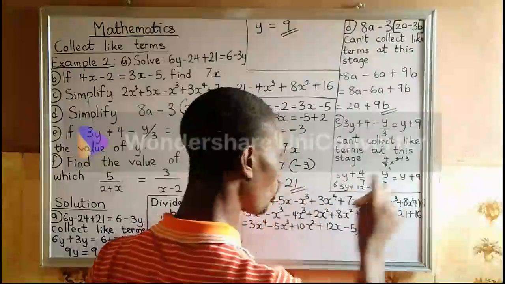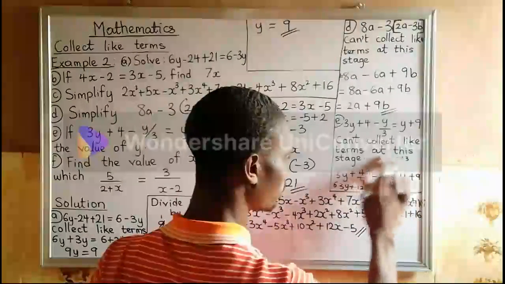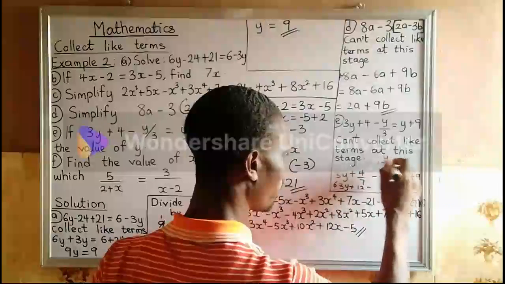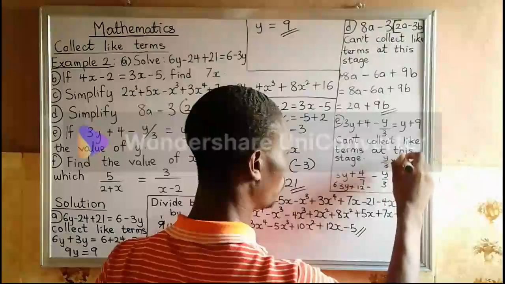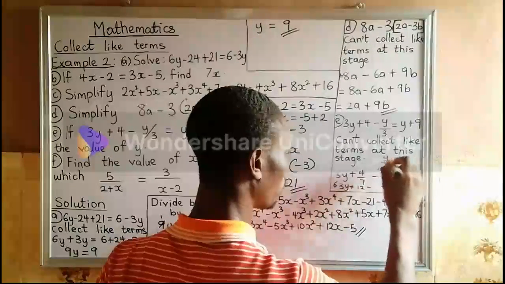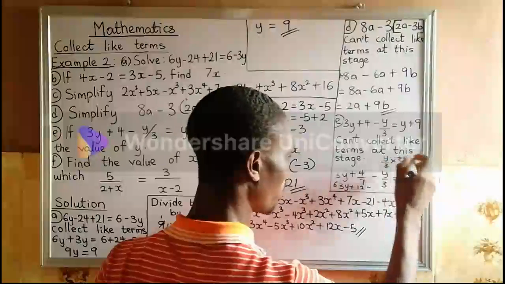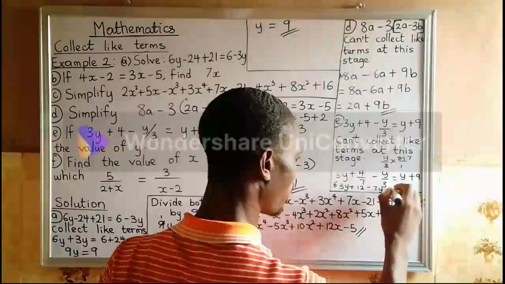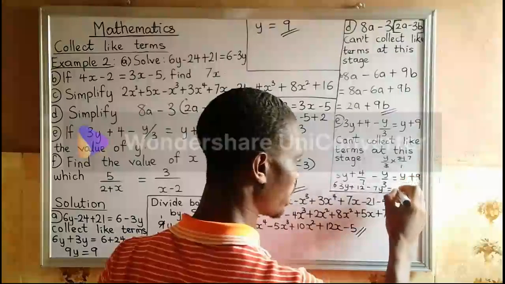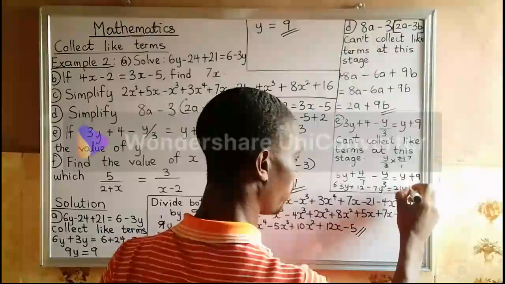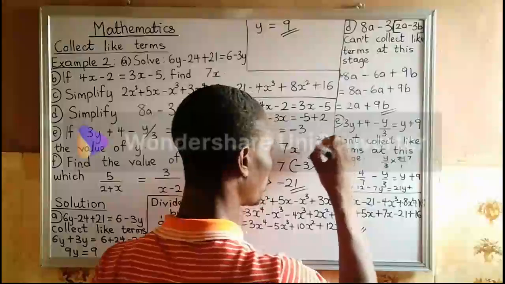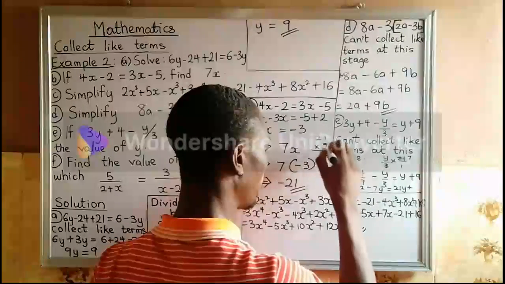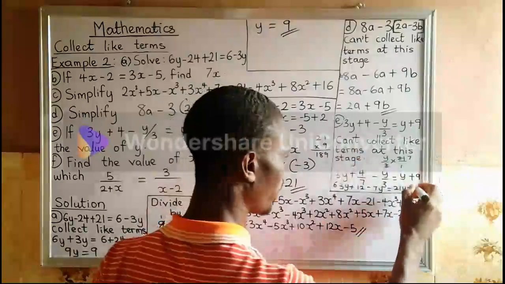Minus y all over 3 times 21: 3 here 1, 3 here 7, so 7 times y will give us minus 7y. Equals 21 times y, that's 21y, plus 21 times 9, which gives us 189.